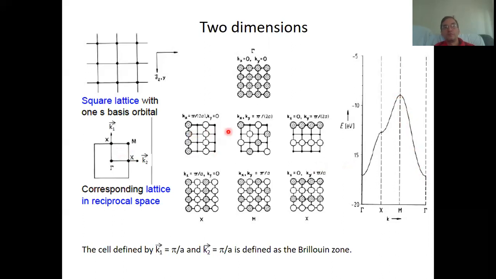In this case, you would not flip the algebraic sign of every other 1s orbital in both directions, but you would flip the algebraic signs of pairs of 1s orbitals, or every other pair of 1s orbitals. So this would be positive, this would be positive, this would be negative, this would be negative.